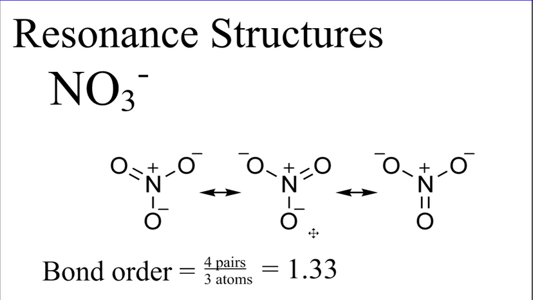It's actually somewhere 1/3 more, because this falls between 1 and 2 in bond order. So there's a relationship between the bond order and the energy necessary to separate them.